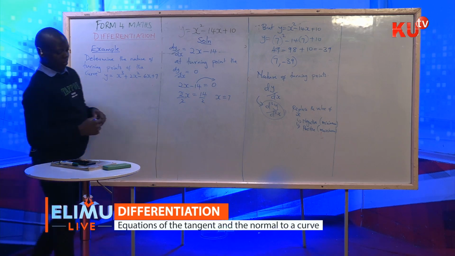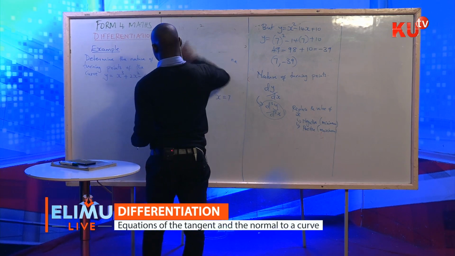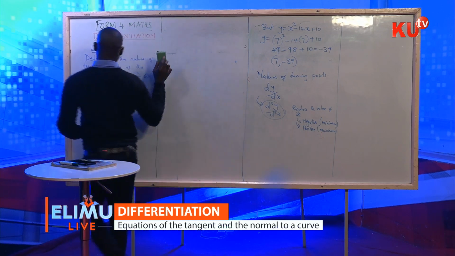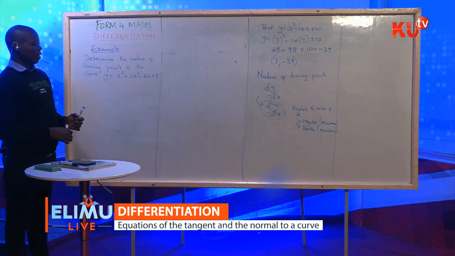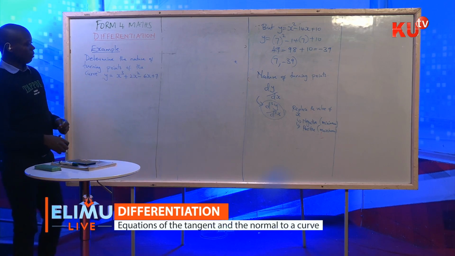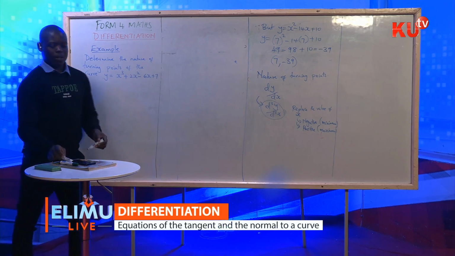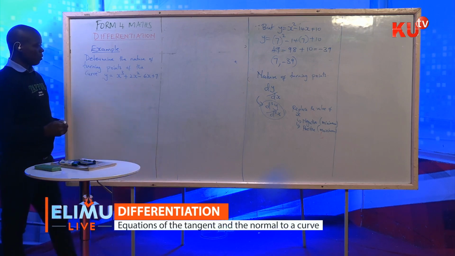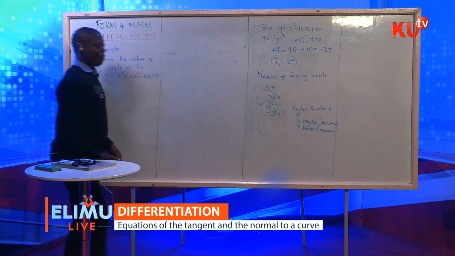We determine the nature of the turning points of the curve y equals 3x cubed plus 2x squared minus 6x plus 7. Students, what we are going to do is as described here in our illustration.